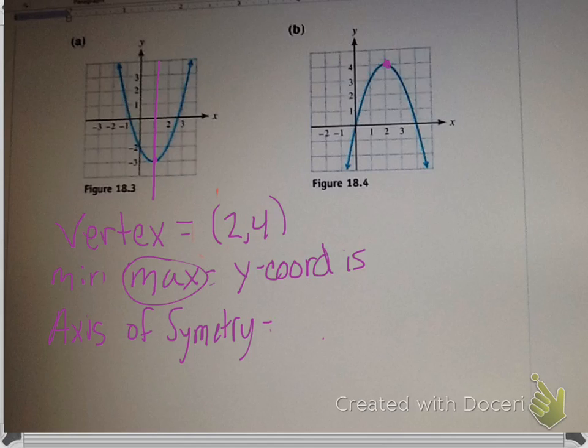It has a maximum. And the maximum is the y coordinate of 4. And the axis of symmetry is x equals, and it runs right through this 2. So x equals 2.